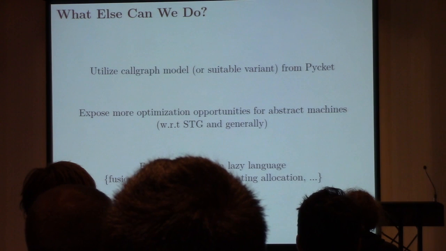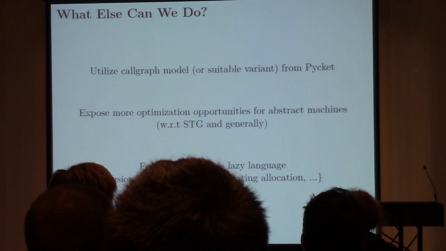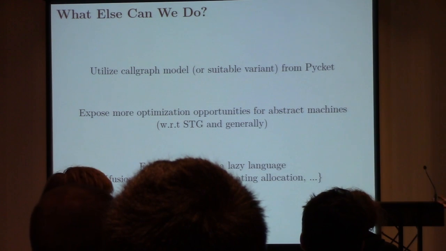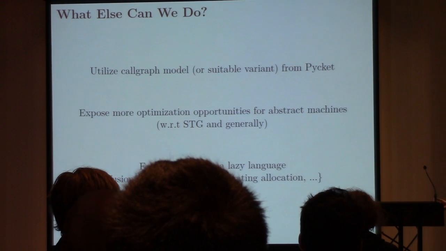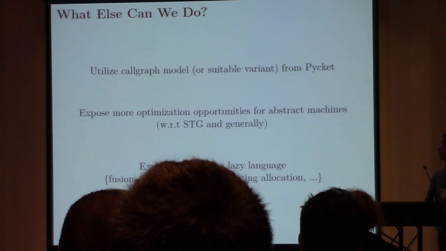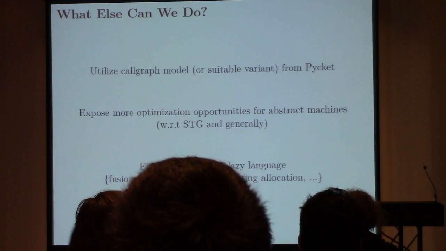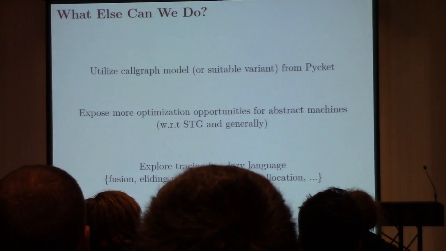probably the first order of business, you need to identify the right unit of compilation for a tracing JIT compiler, which is not like your standard per method or function JIT. You need to identify loops in your program. Pycket includes this method based on the call graph, which we think would be very applicable also to running the STG machine.